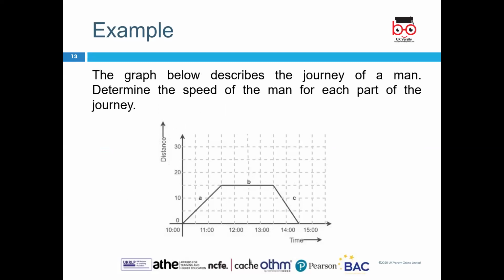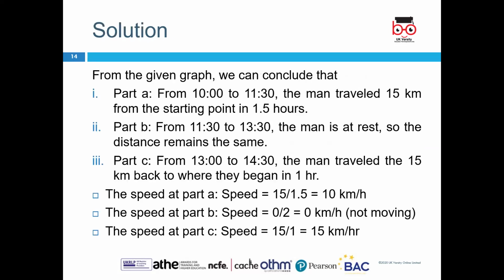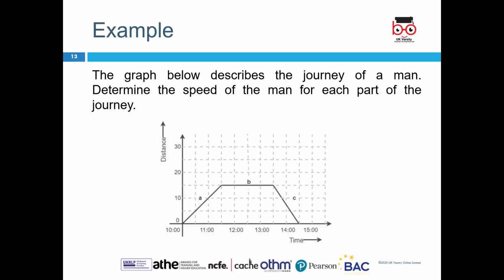So the next one, we have a problem where the graph describes the journey of a man. Determine the speed of the man for each part of the journey. This is a simple calculation. Here you see the time is from 10 to 15, that means 5 hours.